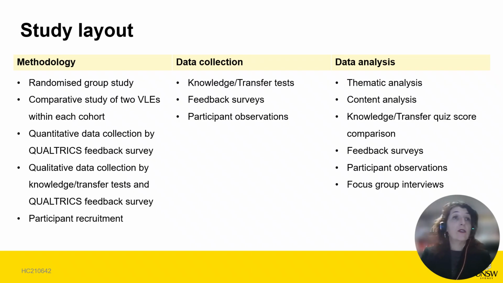We also needed to recruit our participants. Naturally, we had human ethics approval in order to collect knowledge transfer test outcomes, feedback surveys, and participant observations. The data analysis we used was a type of thematic analysis, content analysis, knowledge transfer quiz score comparison, and feedback surveys, as well as participant observations and focus group interviews.